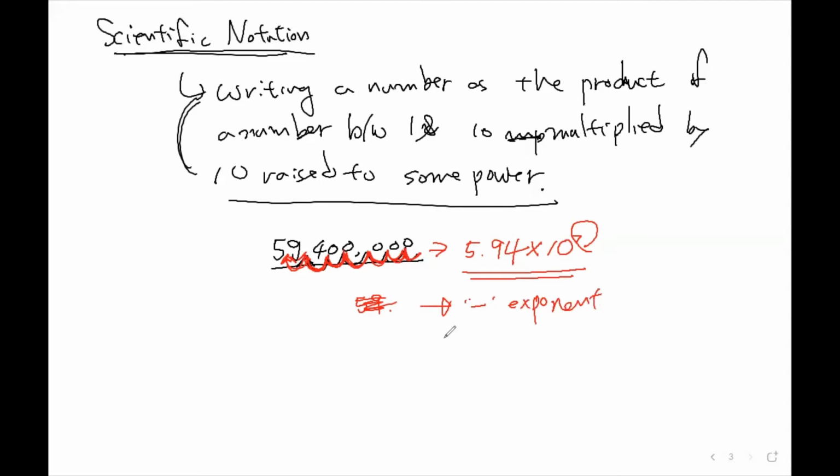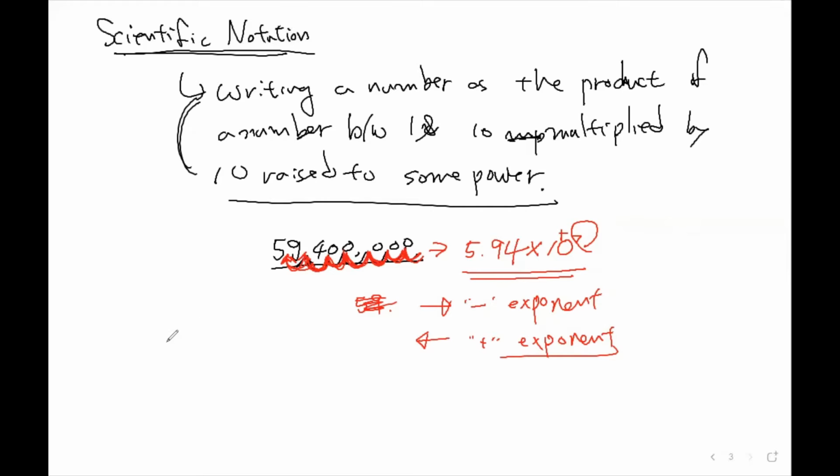If we move left, then positive exponent. So we moved left 7 times, so it is a positive exponent. Easy. So let's do another example.